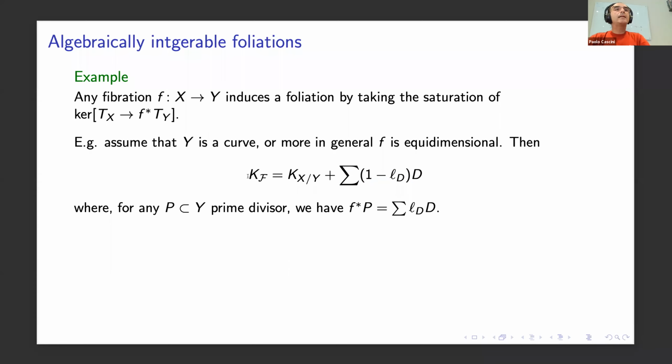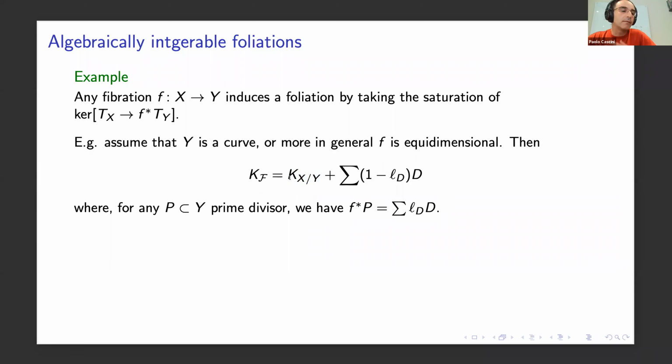So studying the birational geometry of this divisor here, or studying the minimal model program for this divisor here, in particular implies studying the minimal model program for this divisor. So even if we consider a morphism for which the fibers are all reduced, this is already something quite new. There are many papers, many works about the relative minimal model program, but rarely one can see the minimal model program for this divisor here, as far as I know.